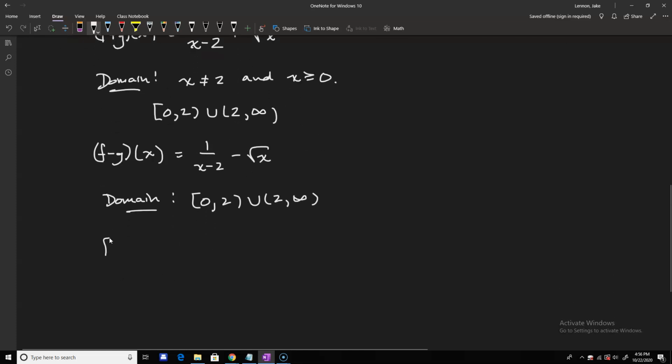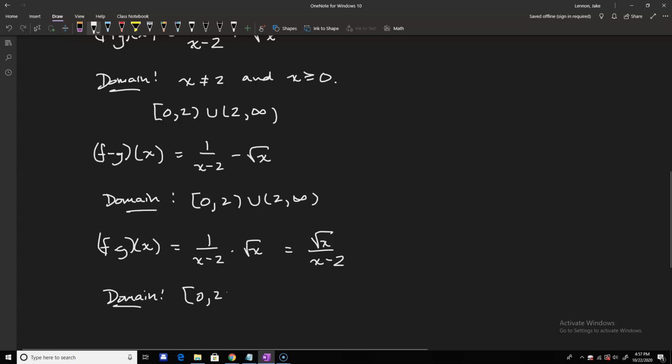So f times g, not especially interesting either. 1 over x minus 2 times the square root of x, which we could simplify as the square root of x over x minus 2. And again, the domain would be exactly identical. So the domain here is still, as before, 0 to 2, union 2 to infinity.